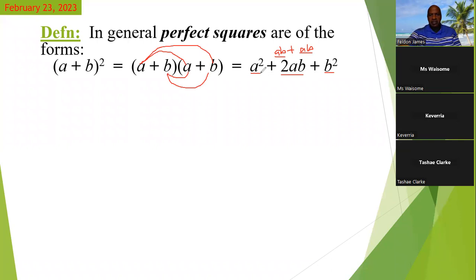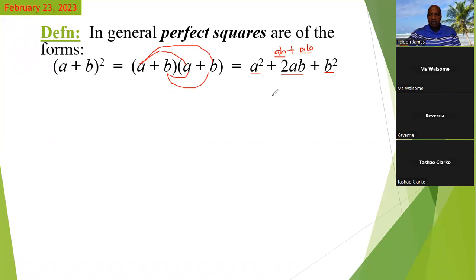All right, so when we expand a binomial, we always get the middle term with twice what we have, the AB. In this case, we're always going to have twice a times b for this form.